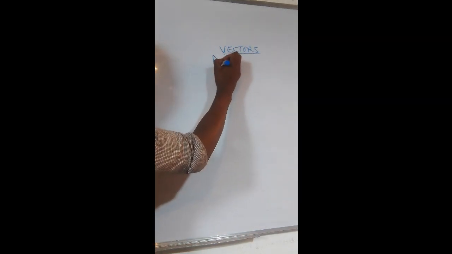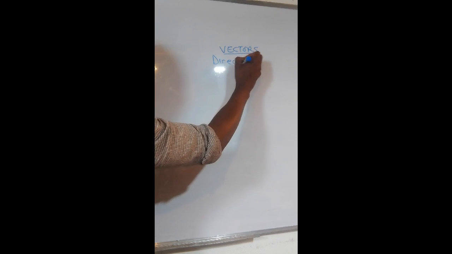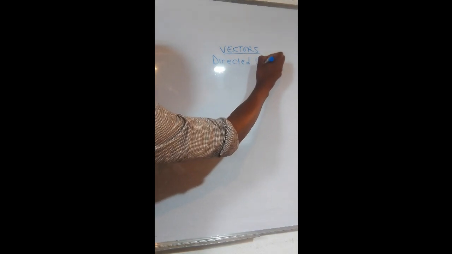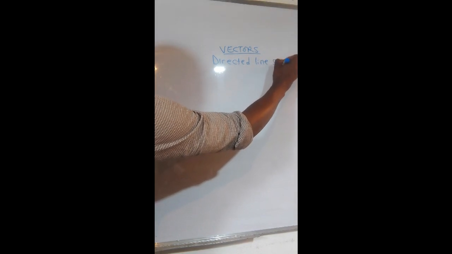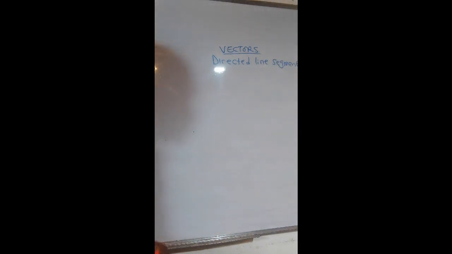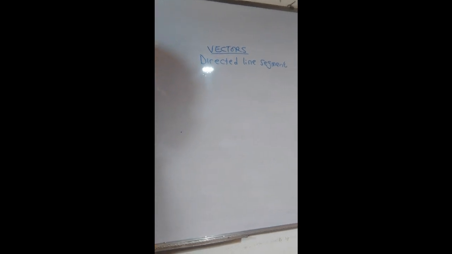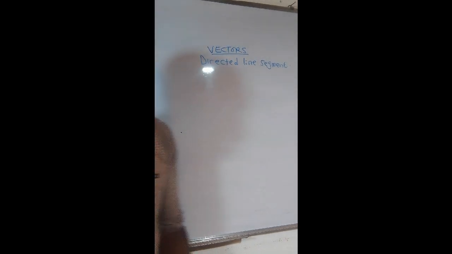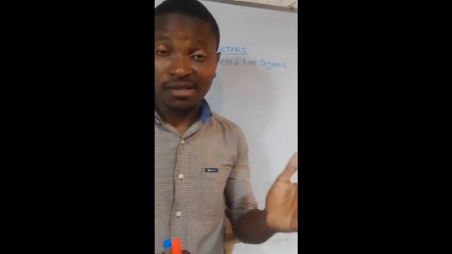A vector is simply a directed line segment.